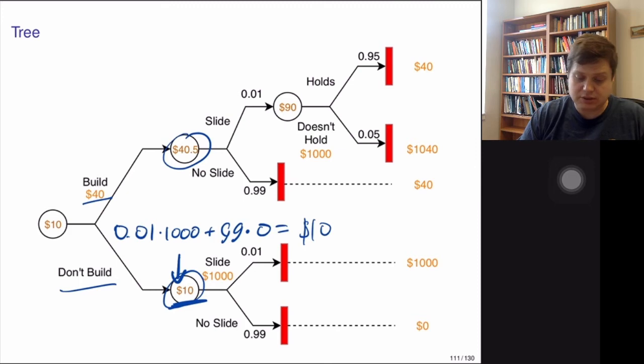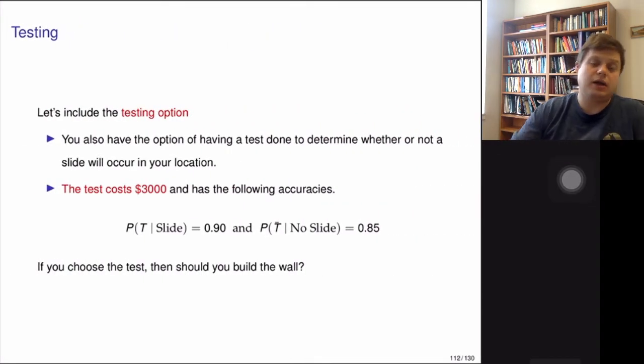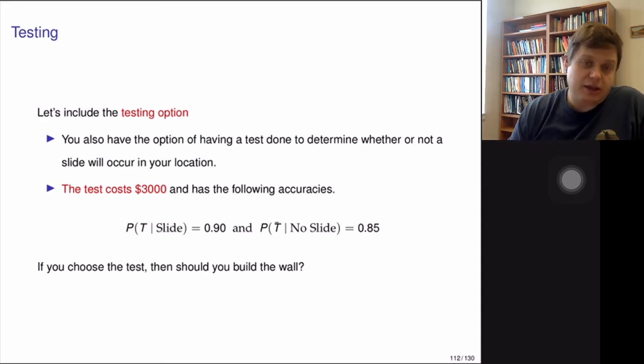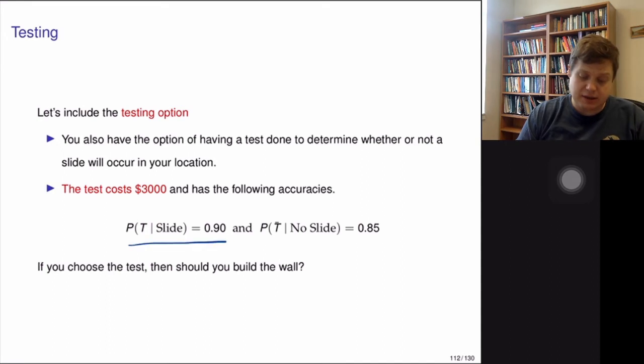So that's pretty straightforward. Now let's say we have an option of doing a geological test, and the cost of the test is $3,000. The company that does the test gives us the following parameters. They tell us that our test is 90% accurate, meaning that if a slide does happen, our test identifies it correctly in 90% of the cases.